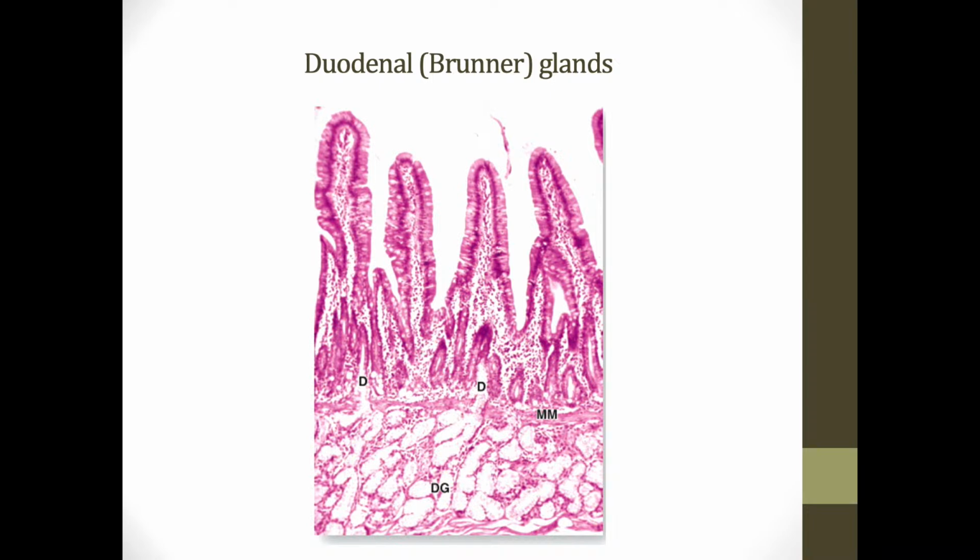I showed you the longitudinal sections, the cross sections of the esophageal glands, submucosal glands, in the submucosa. And if you remember, I said that when we see stratified squamous epithelium in mucosa and glands in the submucosal layer, it means that this is a section of esophagus.